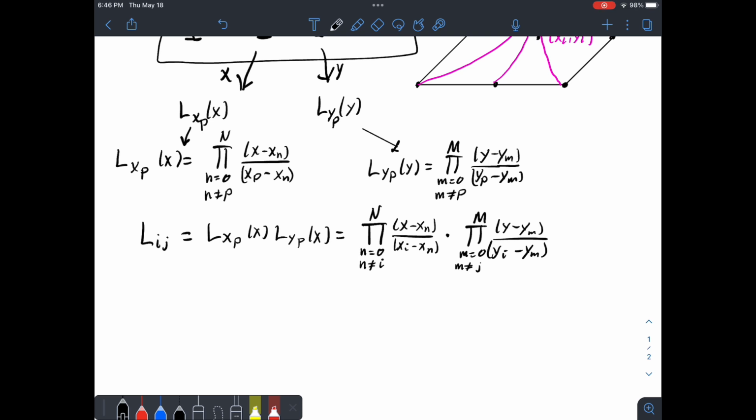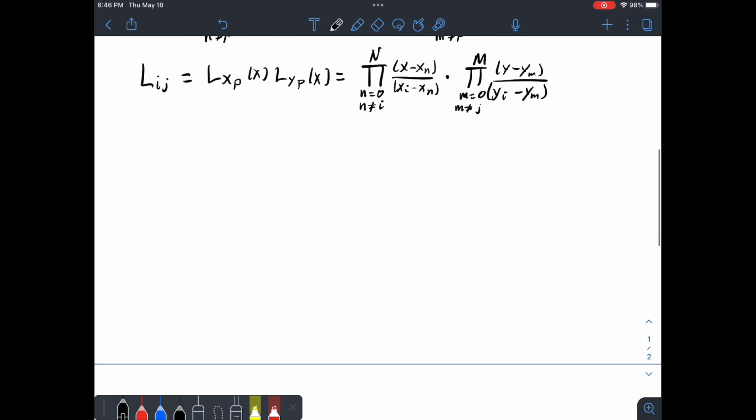So let's check if our interpolation condition is satisfied. Let's say for i equals 2 and j equals 3. Right, we need to plug this in.